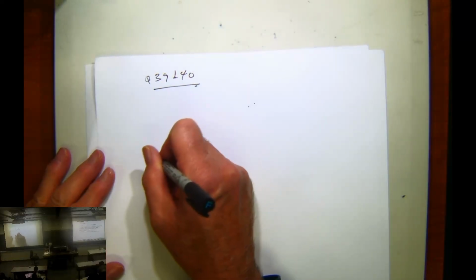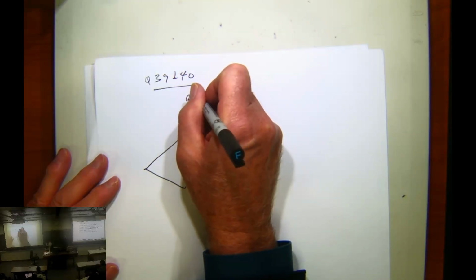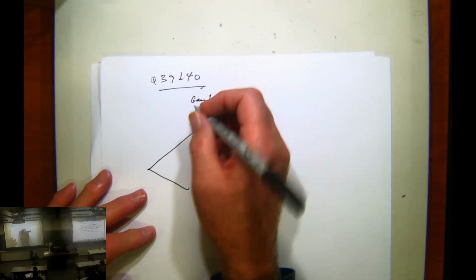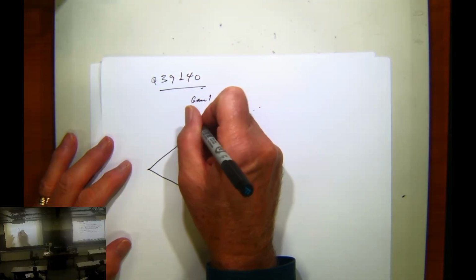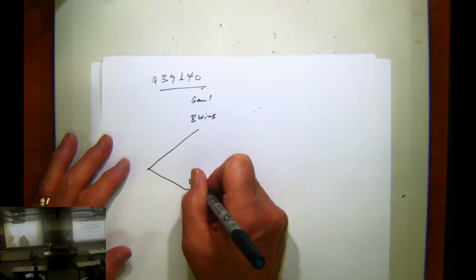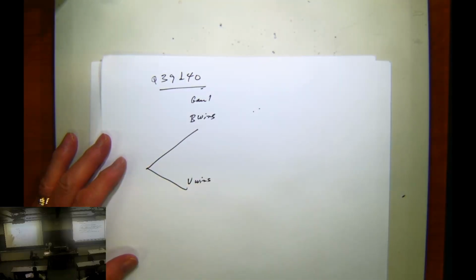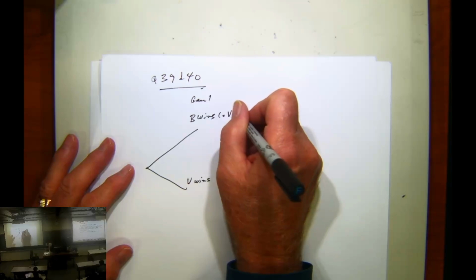So we can think of game 1. It doesn't matter who you work with, whether you do Veronica first or Betty first. You could say Betty wins, or Veronica wins, which of course is equivalent to Veronica loses.